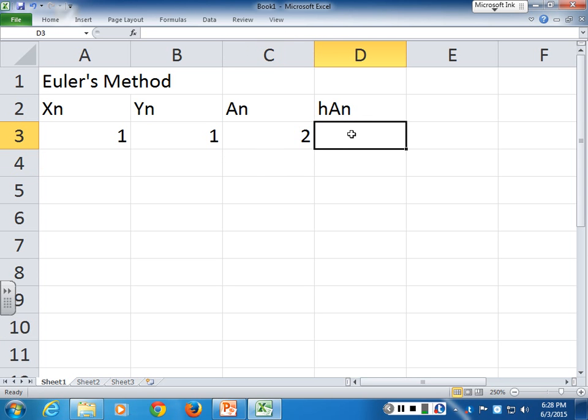In this one, we're just going to always multiply the step size times whatever a sub n was, right? So equals, my step size was what? 0.1 times, what was a sub n?